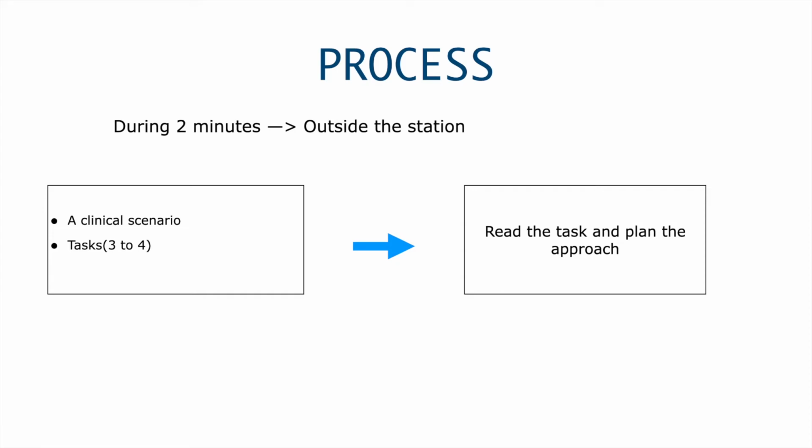The question usually consists of a clinical scenario, and you will be given your task. The tasks will be 3 to 4 in number. So during these 2 minutes, make sure you read the tasks and your clinical scenario properly and plan your approach. Unfortunately, at this time, you'll not be given any pen or paper. So you have to do all the thinking in your brain.